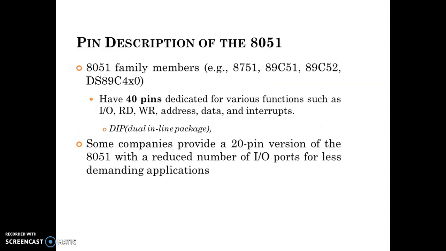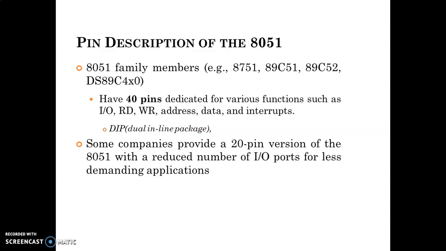Now we discuss the pin description of the 8051. 8051 family members, for example 8751, 89C51, 89C52, and DS89C4X0, have 40 pins dedicated for various functions such as IO, read, write, address, data, and interrupts.